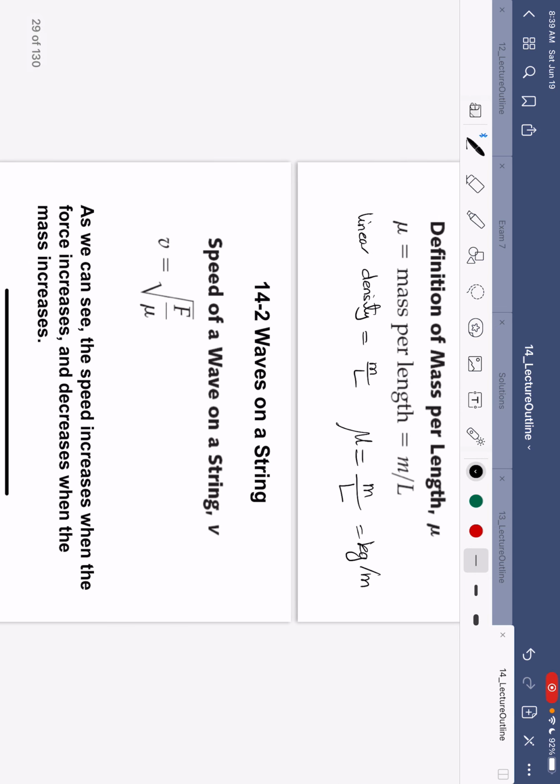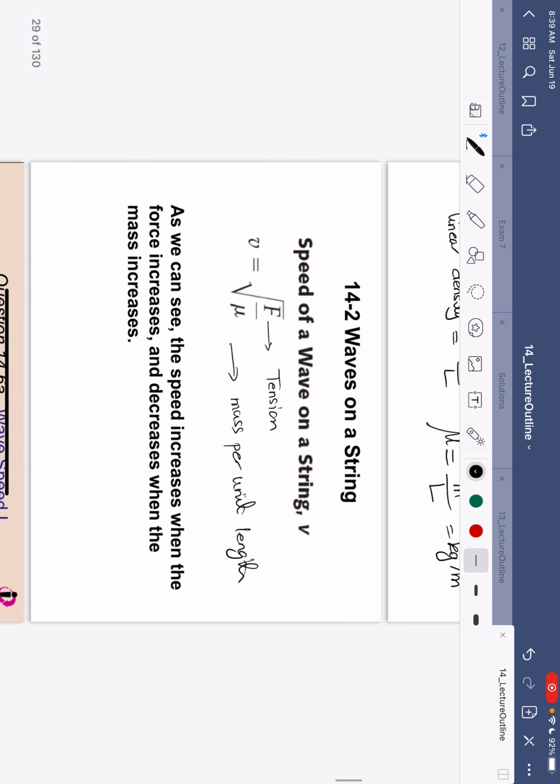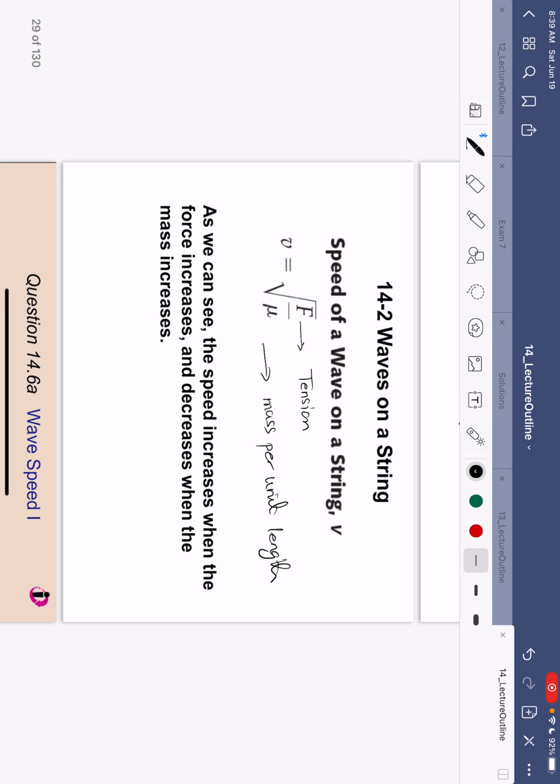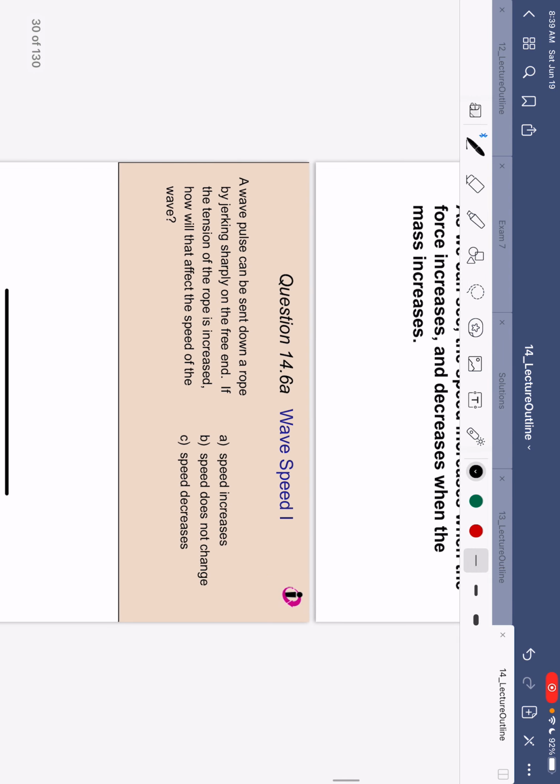Now, the speed of a wave on a string, as we said, depends on the tension and depends on the mass, which is mass here per unit length. And of course, it is measured in meters per second. As we can see, the speed increases when the force increases and decreases when the mass increases.